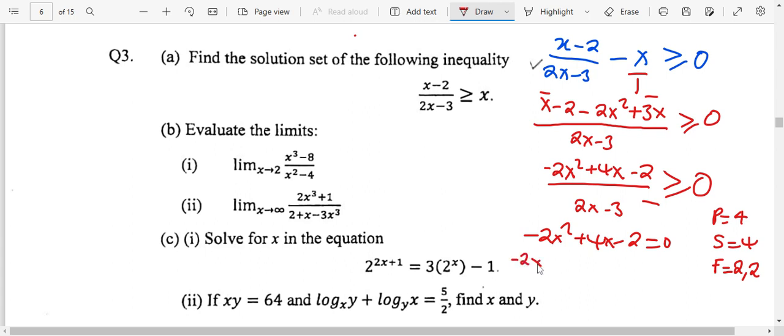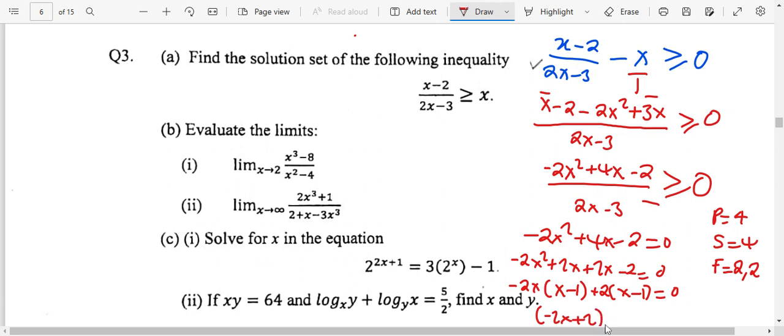So this will become negative 2x squared plus 2x plus 2x minus 2 being equal to 0. So this becomes negative 2x, open brackets, x minus 1, and then we factorize out a 2 here, open brackets, x minus 1 equal to 0. Meaning we're going to have negative 2x plus 2, and then x minus 1 being equal to 0.